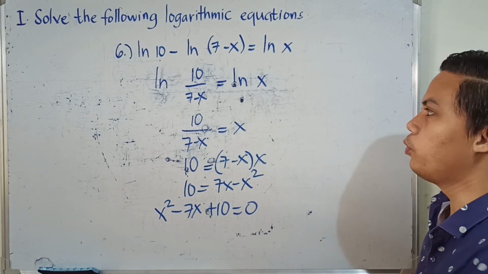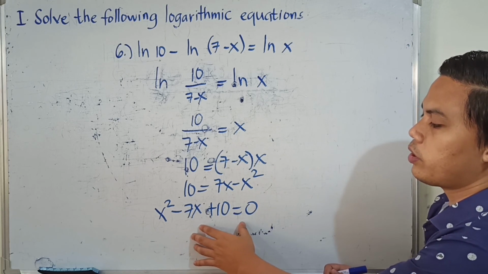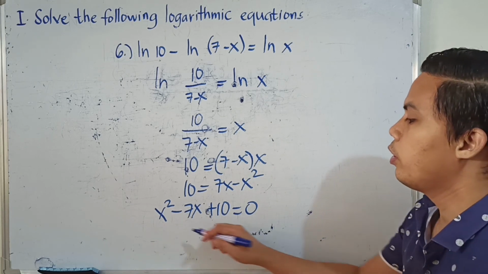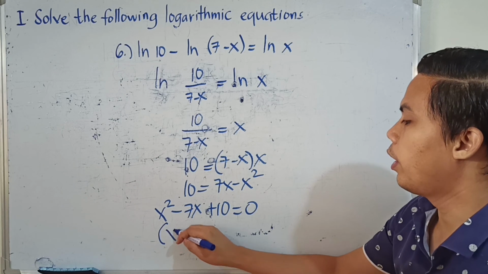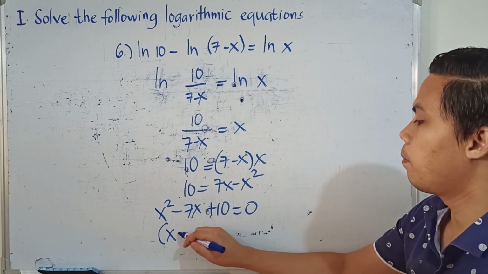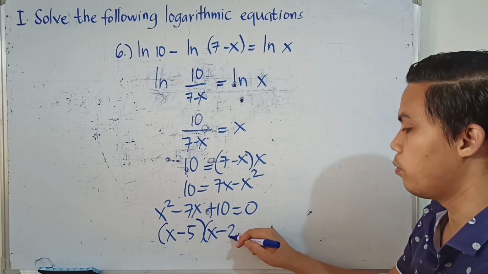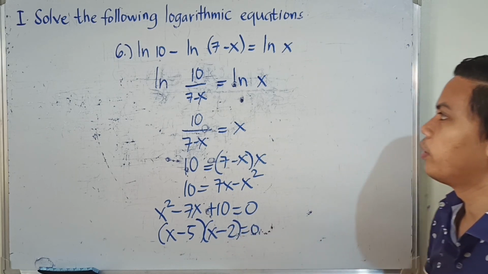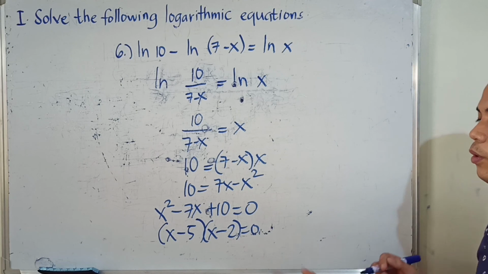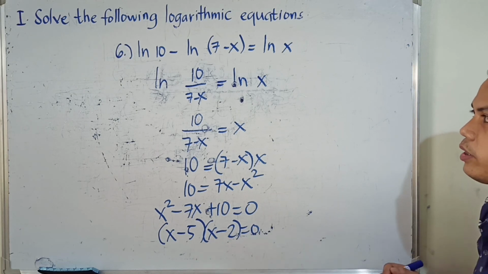Then, we're going to get the factors of this equation. So, we have x minus 5 times the quantity x minus 2 is equal to 0. Then, get the two values of x.